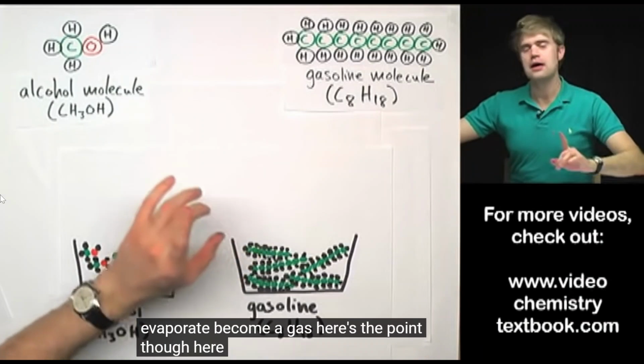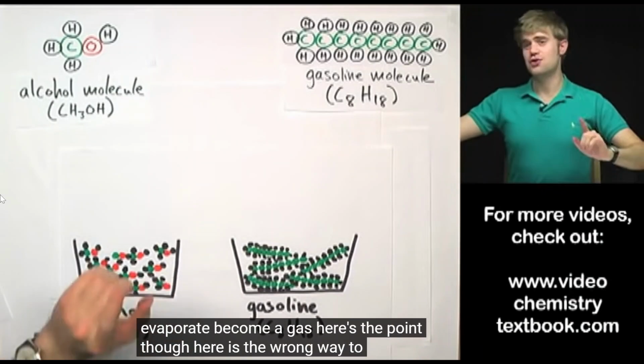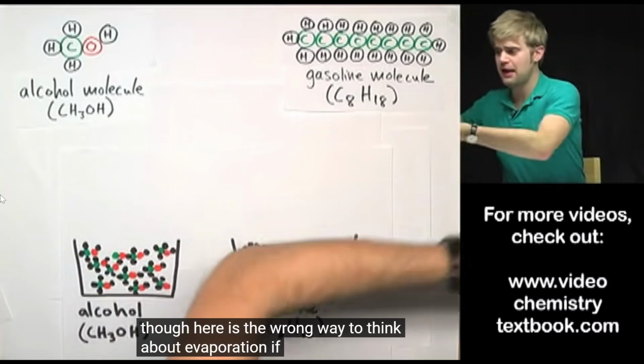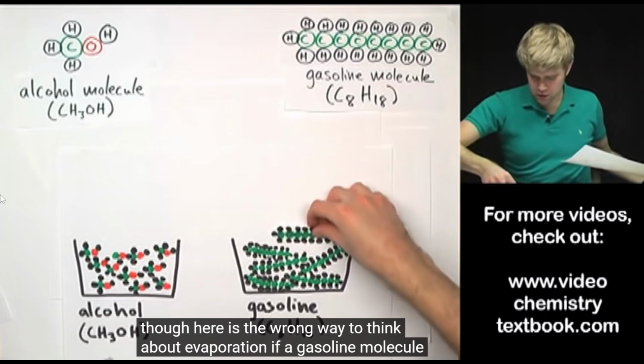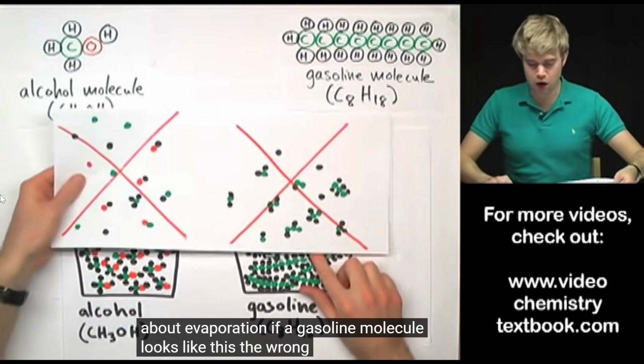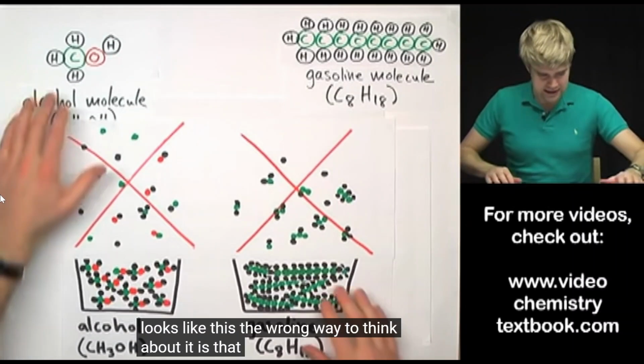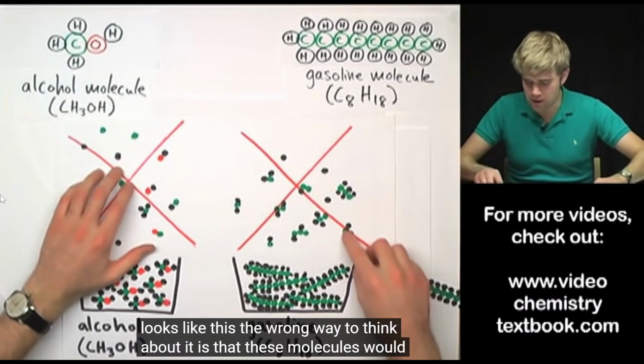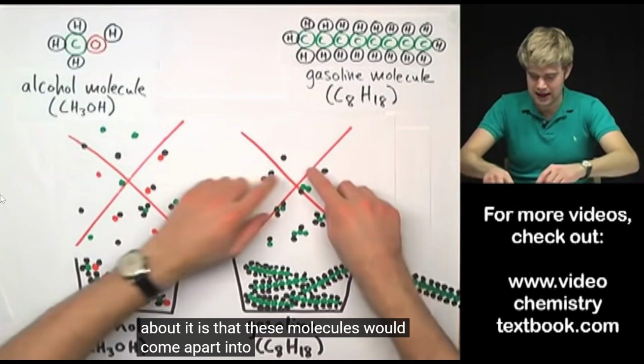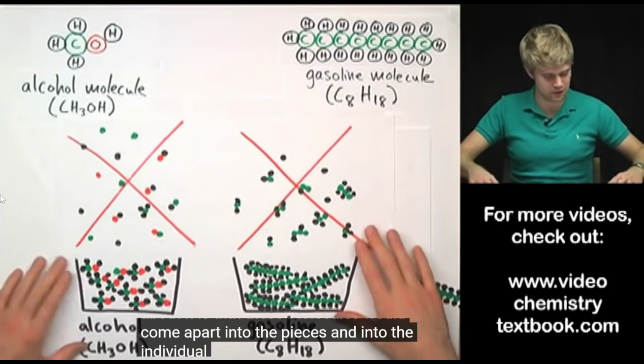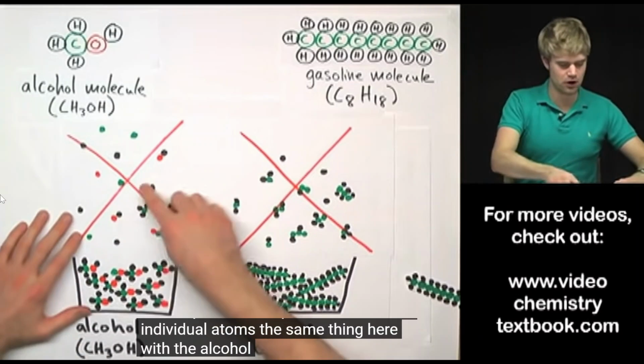Here's the point, though. Here's the wrong way to think about evaporation. If a gasoline molecule looks like this, the wrong way to think about it is that these molecules would come apart into the pieces and into the individual atoms. And the same thing here with the alcohol. This is wrong.